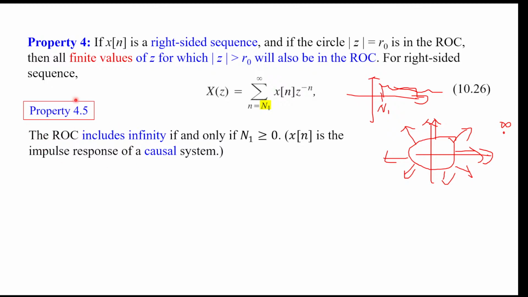Okay, so I guess that's something I should write down. And so this means that H of z includes infinity if and only if the system is causal.